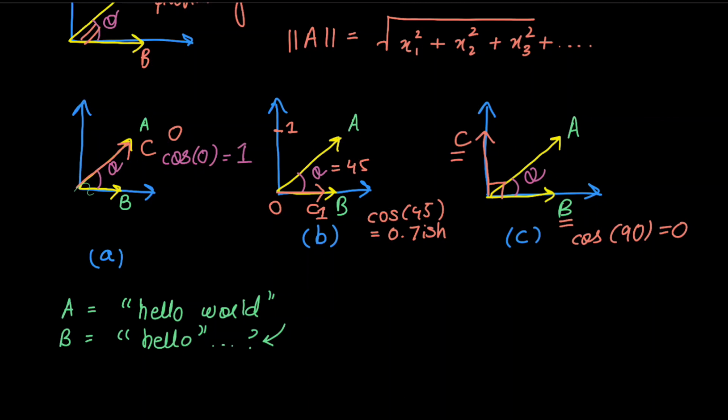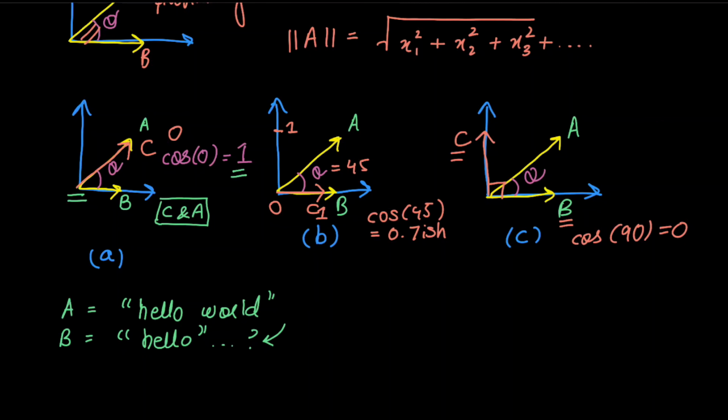Since my vector aligns with A, we're talking about C and A over here. Since it makes no angle, the angle is 0 degrees, which means I found my perfect similar vector. 1 means that you have an absolute best similarity. You get a win.